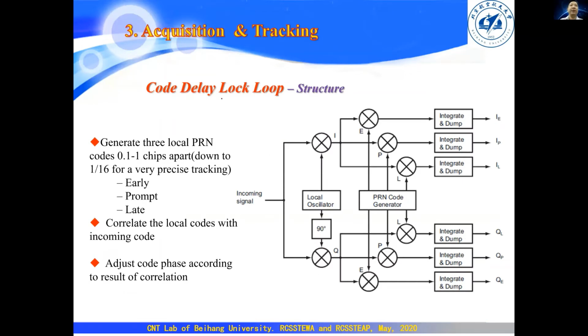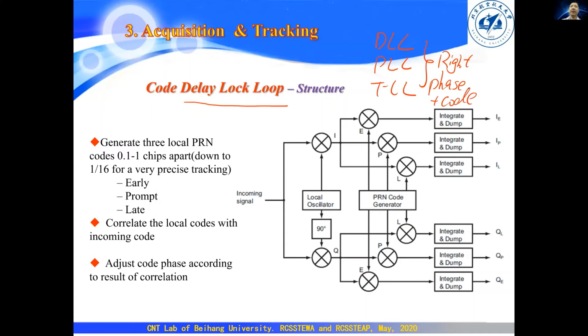And for the code tracking, we use what we call the delay lock loop to keep up with the code information. It's quite difficult because it is a digital signal processing part. So by using the DLL, delay lock loop, the PLL and FLL, we will find the right phase plus code.